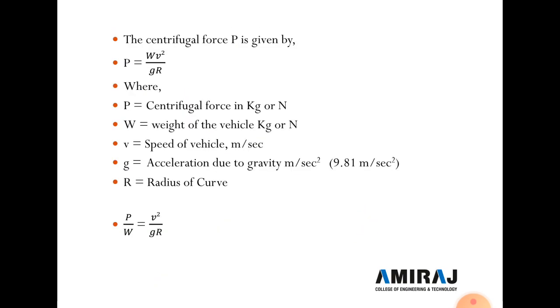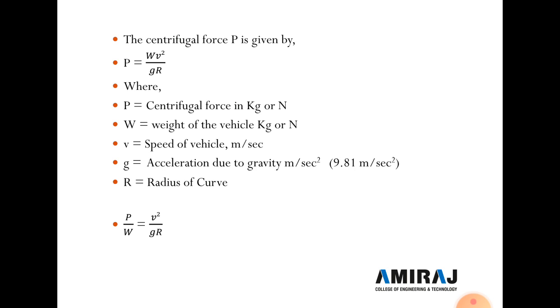Now when any vehicle turns left or right in a curve, the centrifugal force is given by P equal to W V square divided by GR. P is the centrifugal force in kg or Newton.